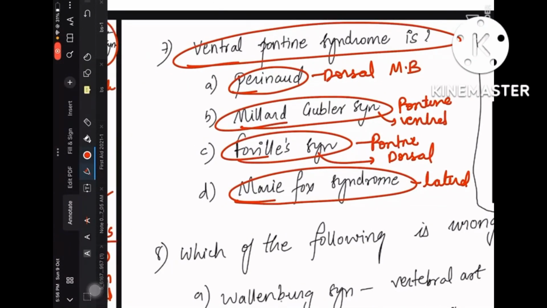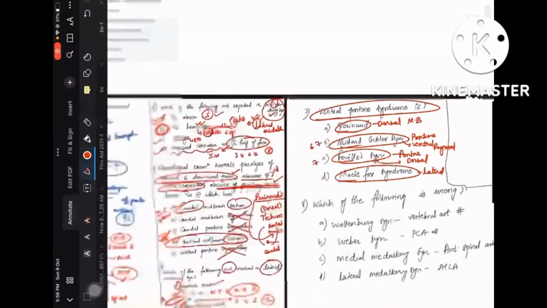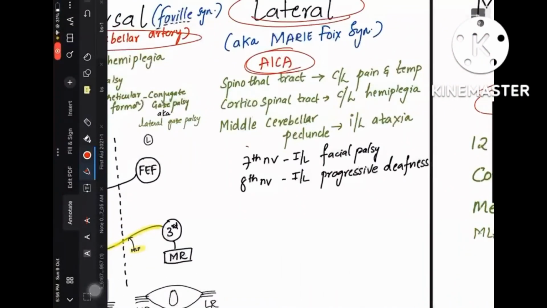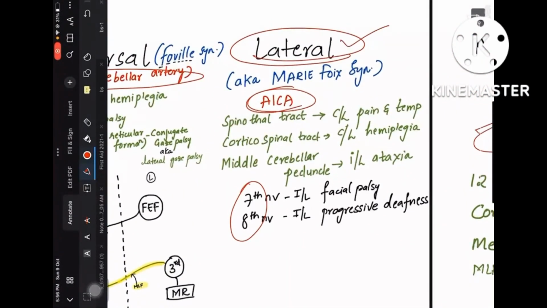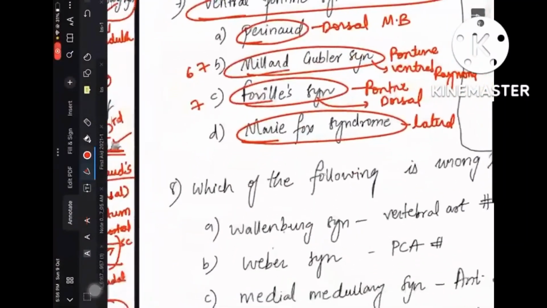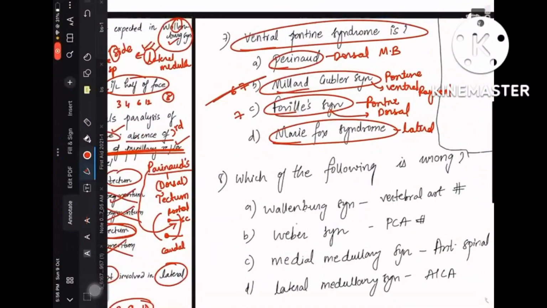Along with Millard-Gubler, another ventral is Raymond's, right? Millard-Gubler is 6th, 7th, Foville is 7th, and Marie-Foix is 7th and 8th nerves, which is otherwise called lateral pontine syndrome. So the 7th question is also done. The answer is Millard-Gubler syndrome.